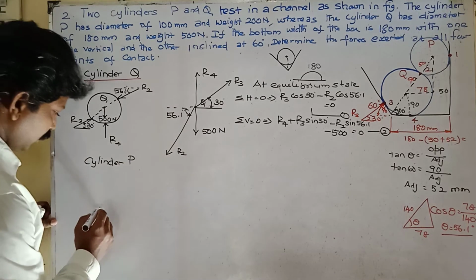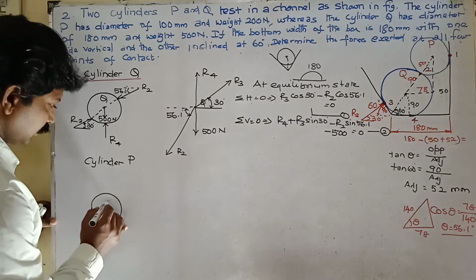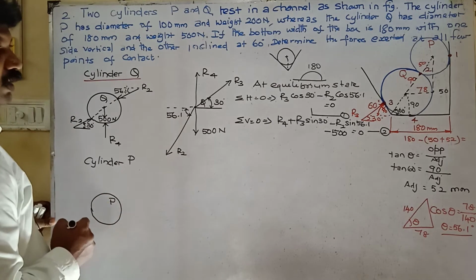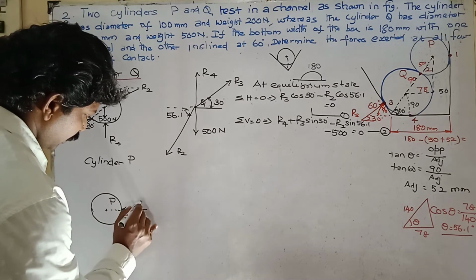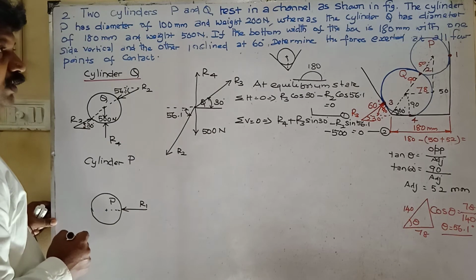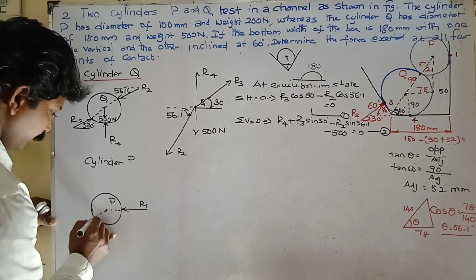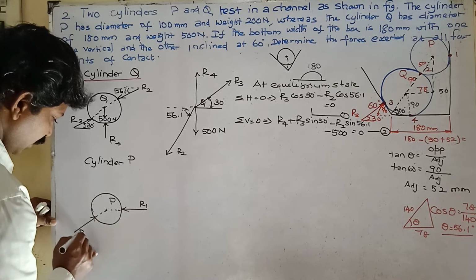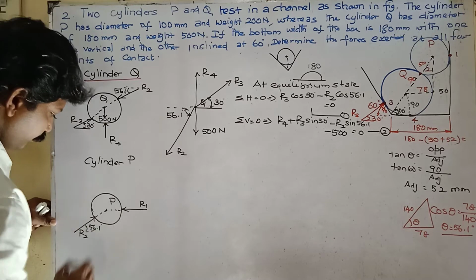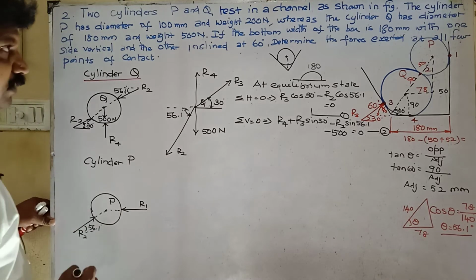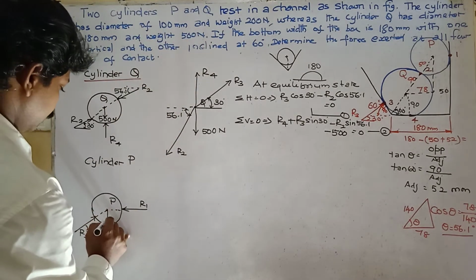Isolate the body from the surroundings first. Cylinder P: reaction at point 1, R1. R2 inclination with the horizontal, we know, is 56.1 degrees. And the weight of the cylinder P is 200 Newton.